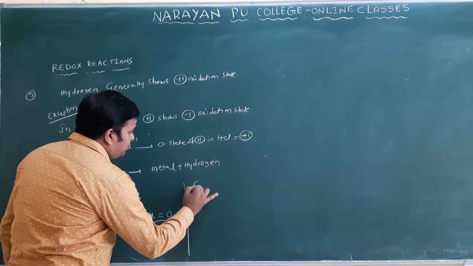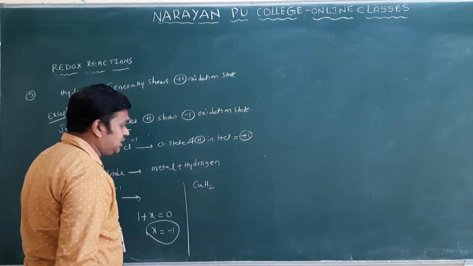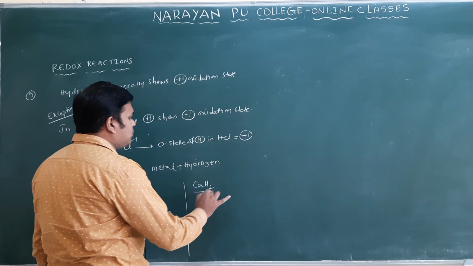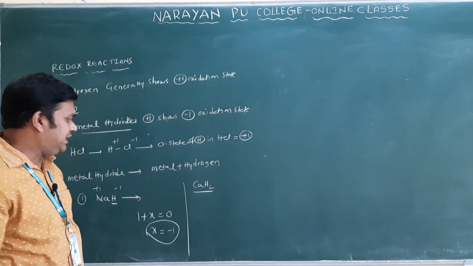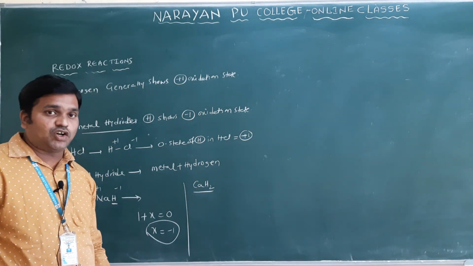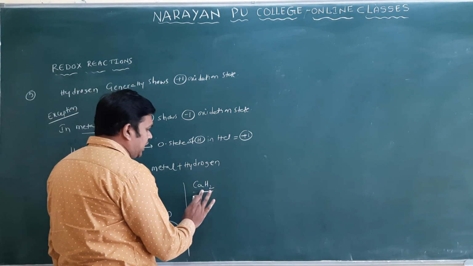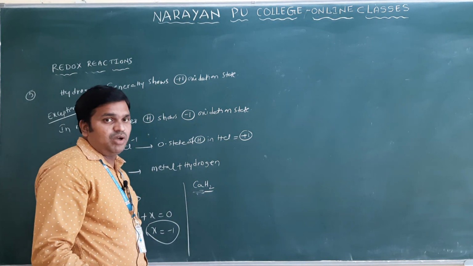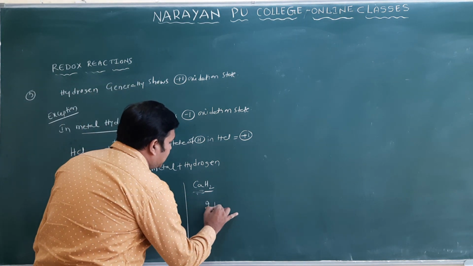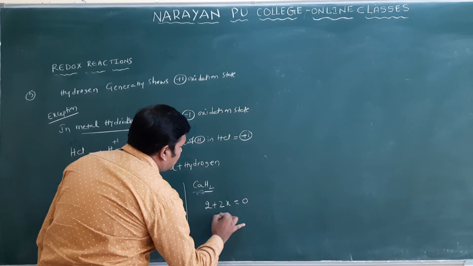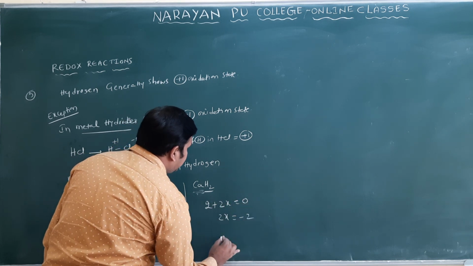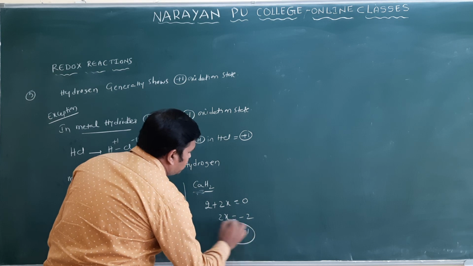If we take calcium hydride, this is also called a metal hydride. Calcium belongs to the second group element. If you want to find out the hydrogen oxidation number, that is taken in the form of x only. I will write here 2 + 2x = 0, 2x = -2, x equals -1 only.